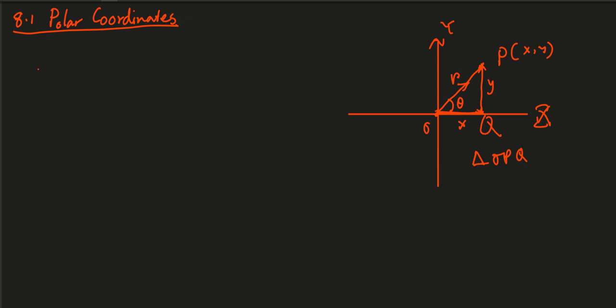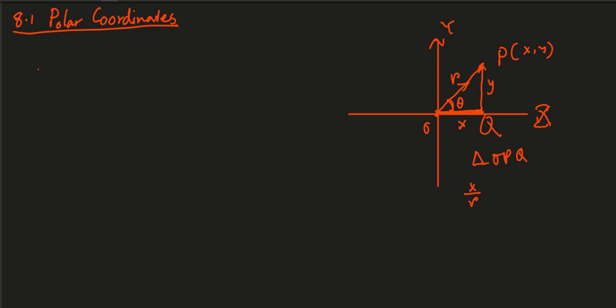Using the definition of trigonometric functions, since this is the acute angle, x is the adjacent, r is the hypotenuse, and y is the opposite.